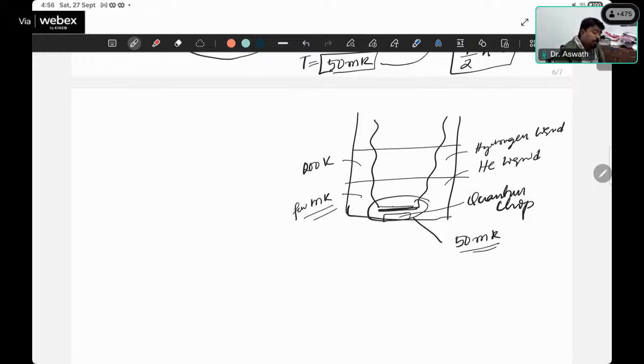Now remember, this has nothing to do with phase change. Phase change in statistical physics means changing from gas to vapor, or gas to solid and liquid, and so on. That has nothing to do with it here. The liquid is being used just to retain the temperature of the chip at millikelvin.